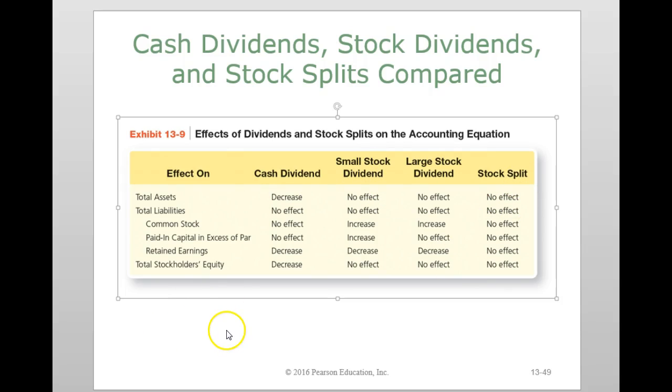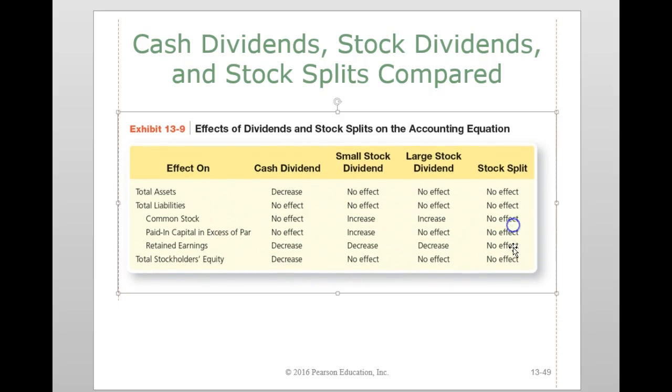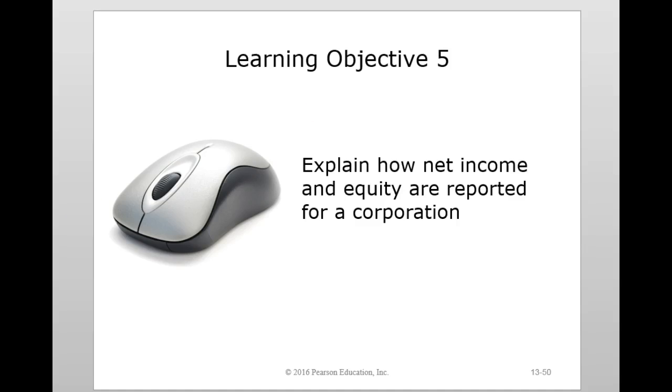If you don't want to affect anything, but you still want to reward your stockholders, you're going to do a stock split, because that's going to give them more stocks, and as it builds up market value, then they will have an increase in equity. So those are dividends, and we're going to look now at net income and equity and how they're reported for a corporation.